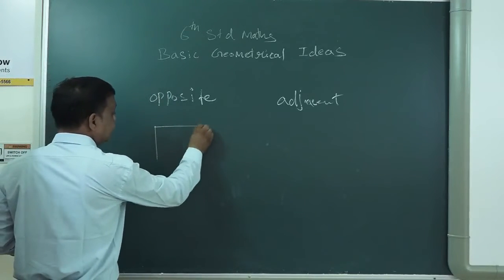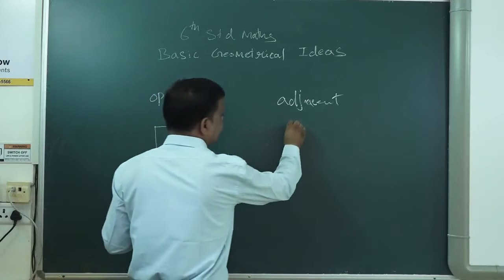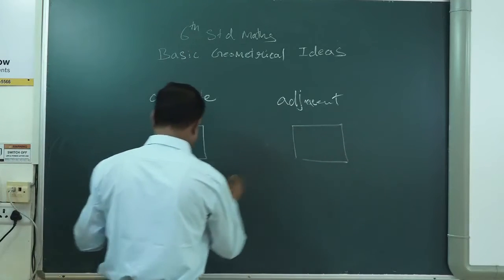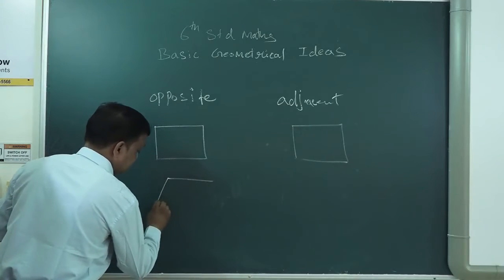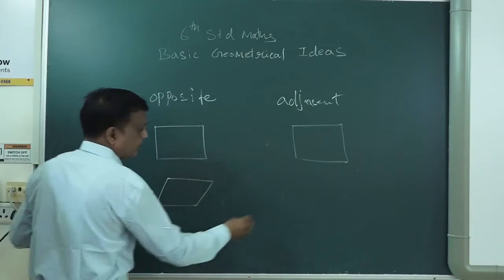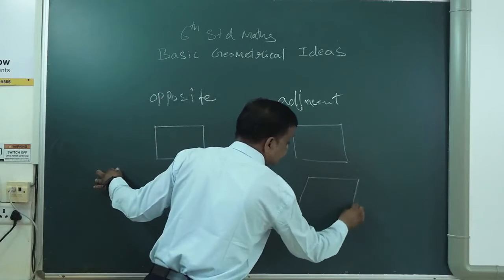Like this is a square, and here also we are taking a square. Next we will take a parallelogram. Here also we are taking a parallelogram.